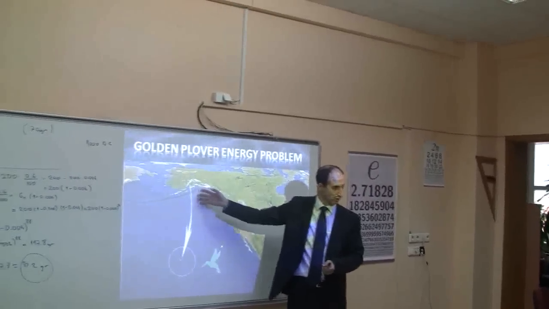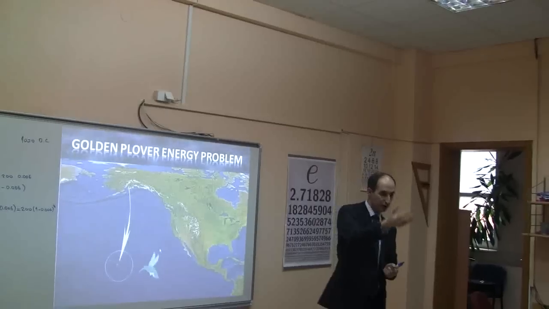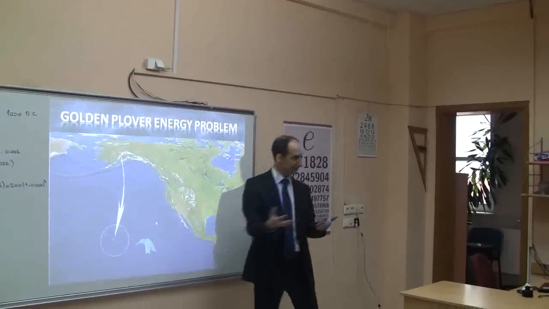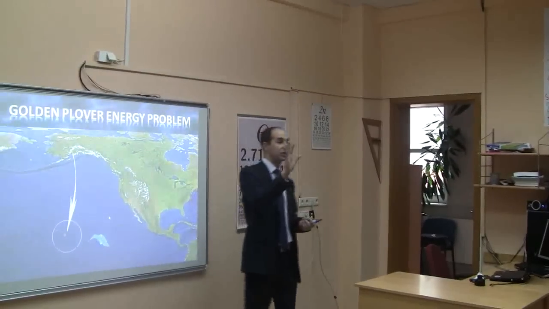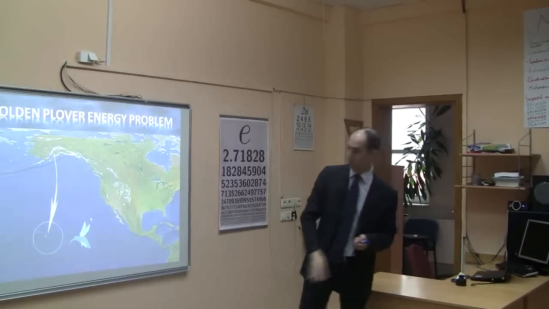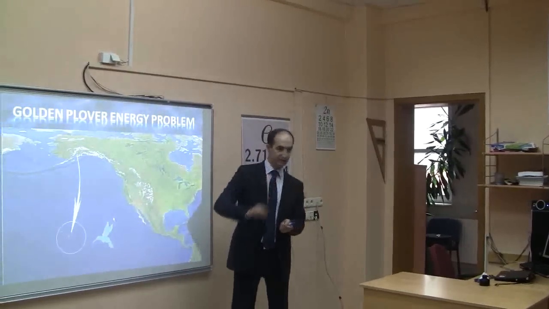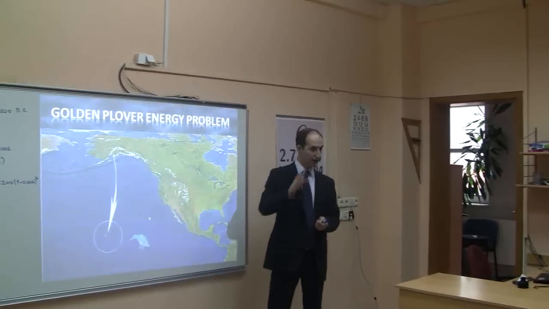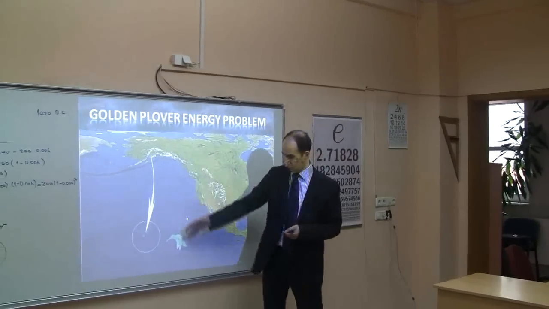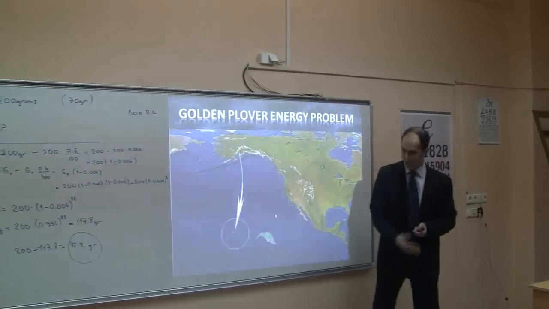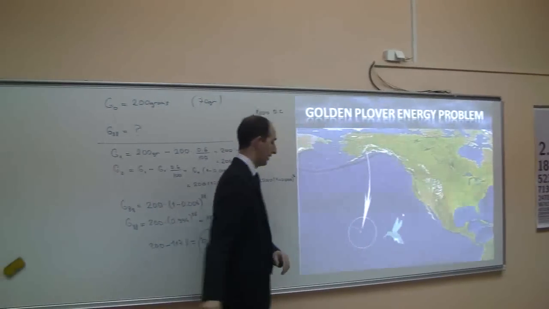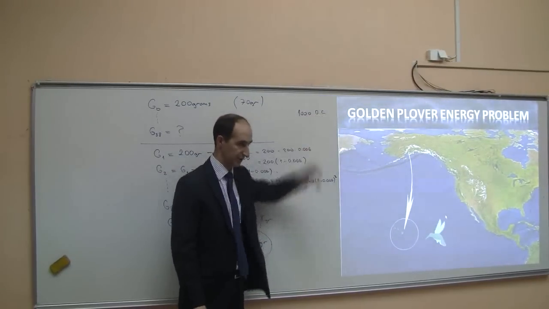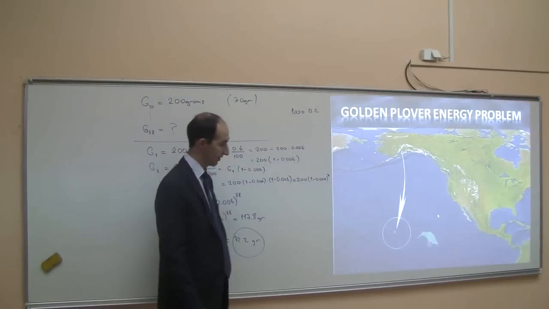They saw the birds flying somewhere, and they knew the birds are non-swimmers, so there must be land there. So for 400 years they followed the golden plovers, and then they discovered the Hawaiian Islands. So that's the interesting fact about the golden plover.